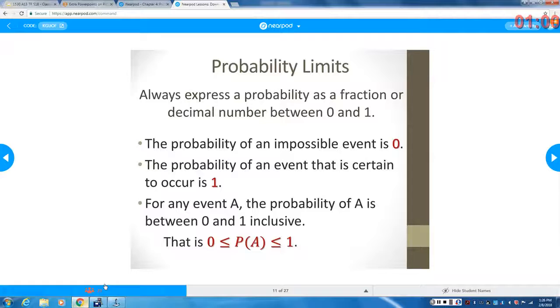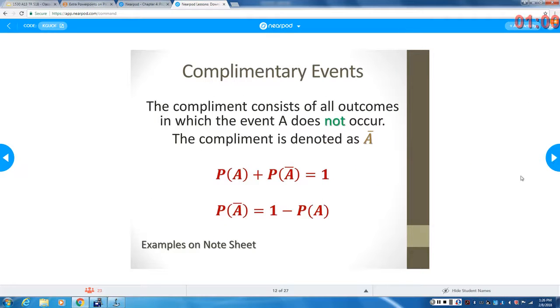Okay. Alright, so the probability of an impossible event is 0. The probability of an event that is certain to occur is 1. Complementary events. A complement is all the outcomes in which event A does not occur. The complement is shown as the letter with a bar over it.